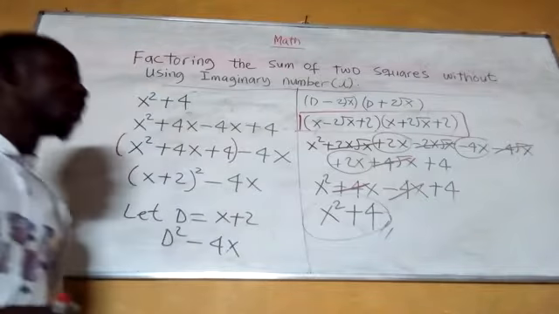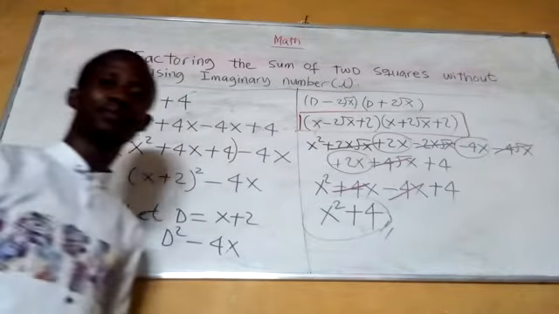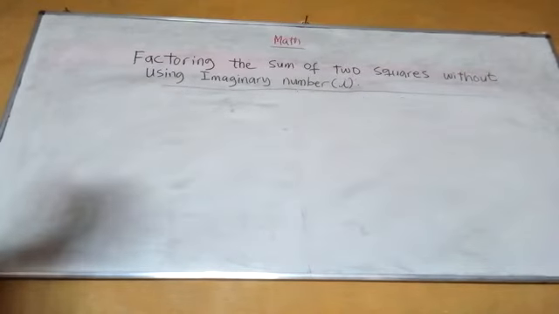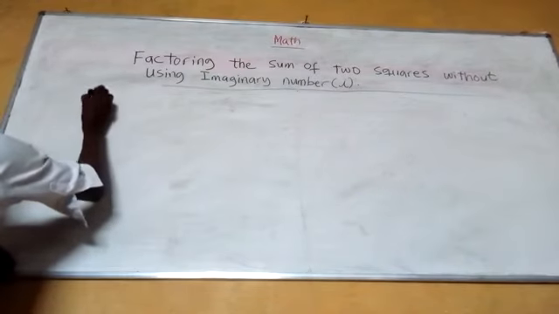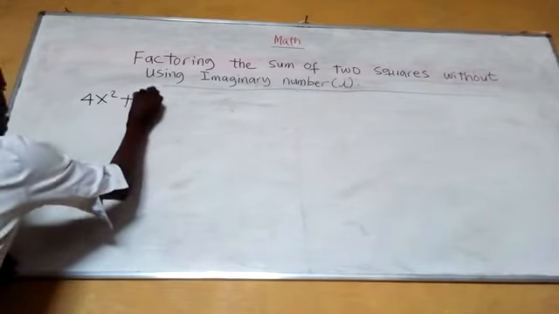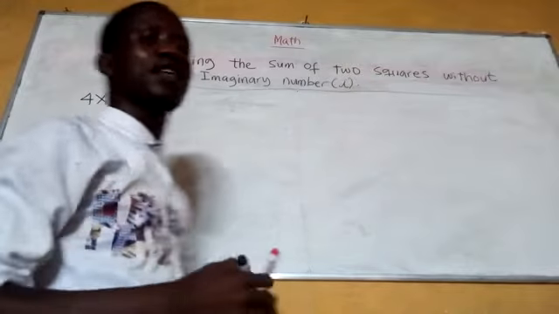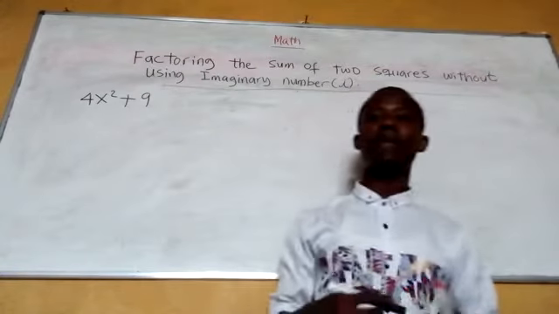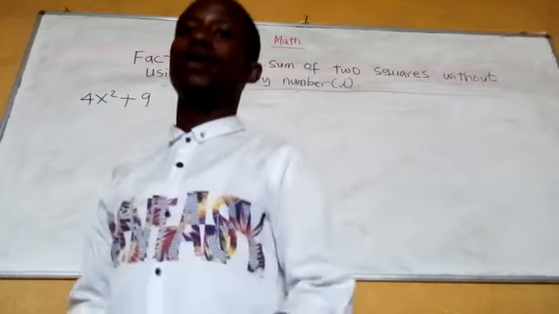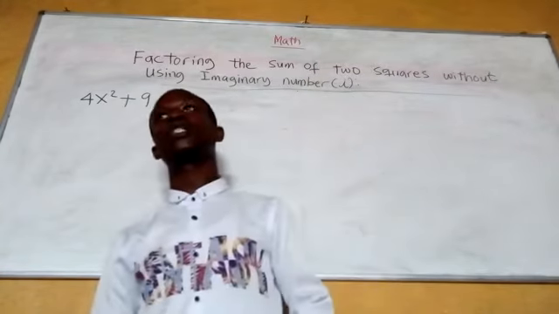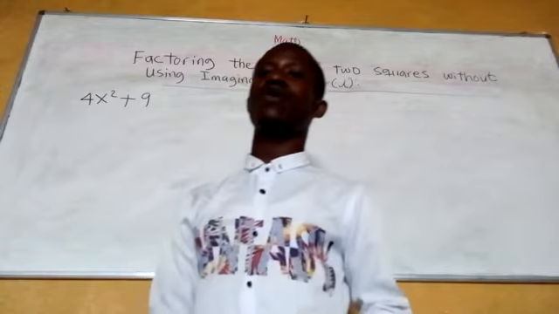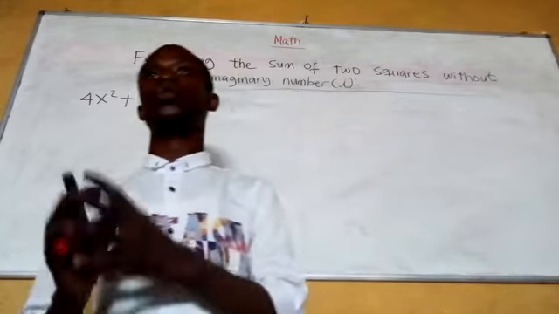Now, let's solve our second problem. Let us consider 4x squared plus 9. Let's factorize this again without the use of imaginary number i. I told you previously that the first and foremost thing to be done is to add and subtract.